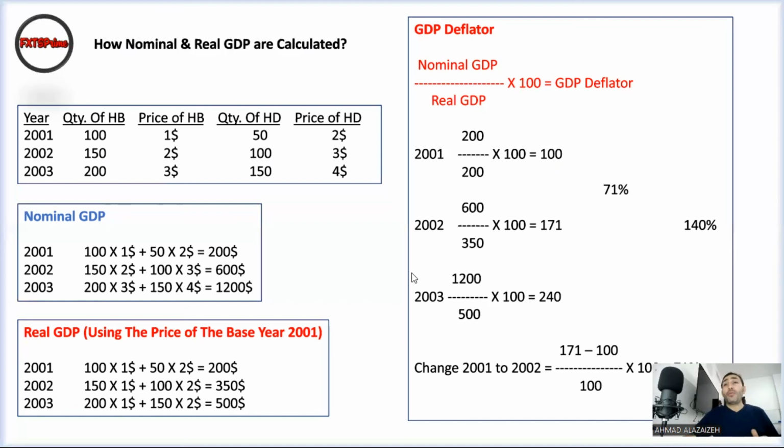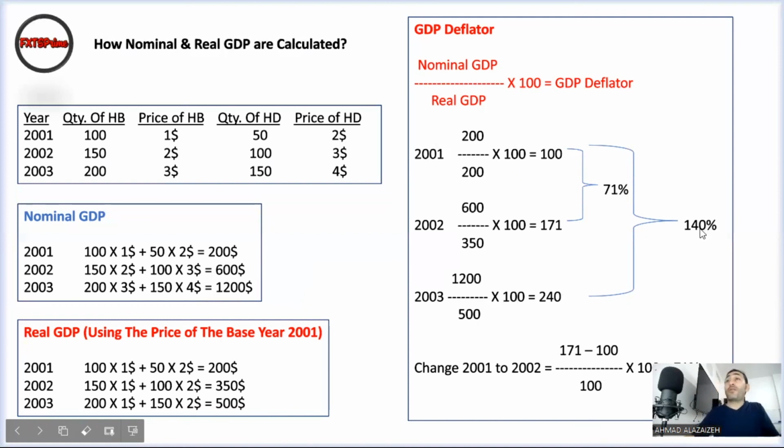In 2003, the nominal GDP was 1,200, and the real GDP in 2003 was 500. If I divide 1,200 by 500 multiplied by 100, I will have 240. So you can see, based on the base year, the change from 100 to 171 is almost 71%, and the change from the base year to 2003 is 140%.